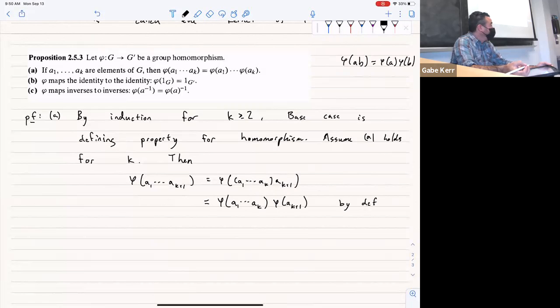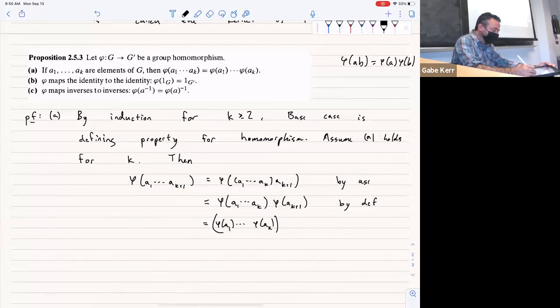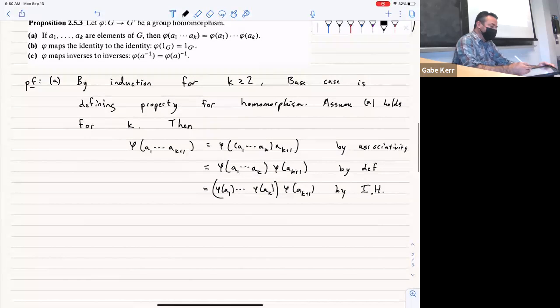But then we have the induction hypothesis, which tells us that this factor on the left can indeed be written as the product of phi of a1 up to phi of a_k.